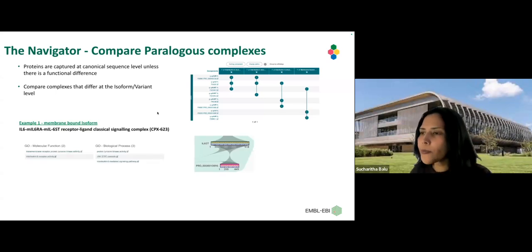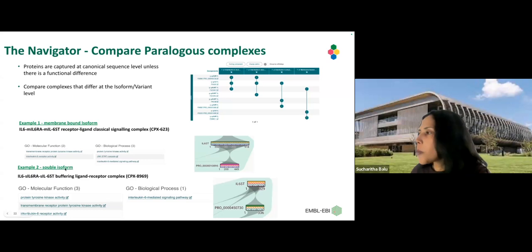It's because when interleukin-6, IL-6 here, binds to a membrane-bound form of its specific receptor alpha, this MIL6RA, and a membrane-bound form of its IL-6 signaling component, it forms a complex which sets off a classical signaling pathway leading to an anti-inflammatory reaction. And so it's tagged specifically to demonstrate this with the GO function and process terms. And you can also see the PRO chain for this complex.